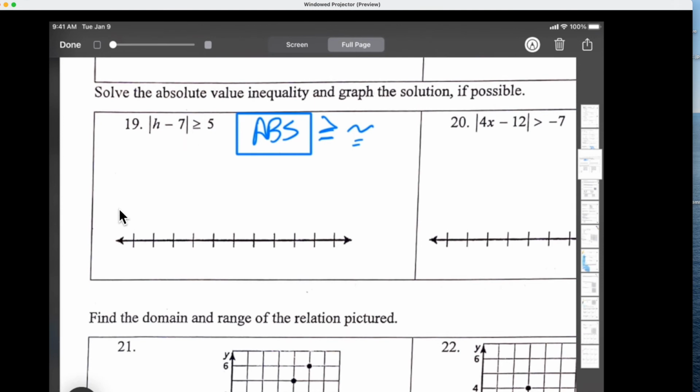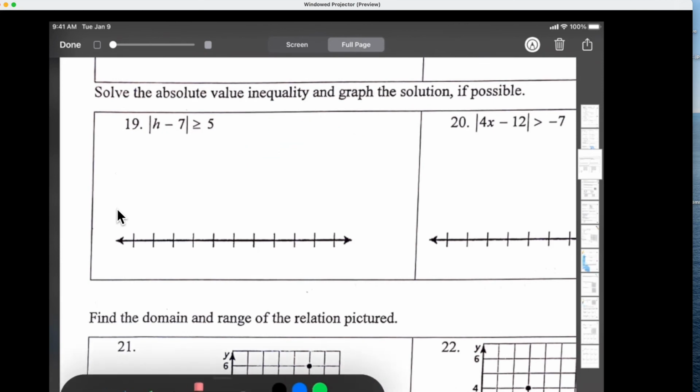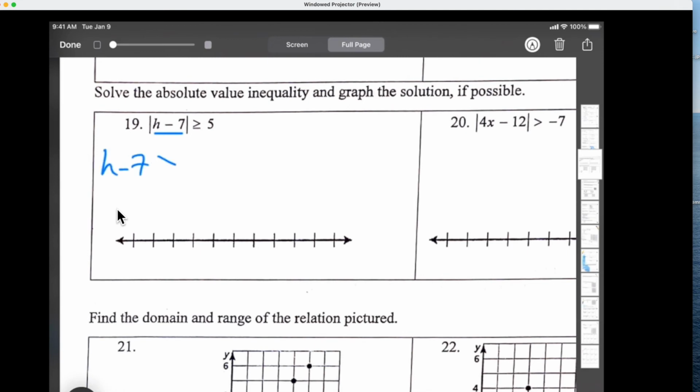Okay, so now we go to part 2. In dealing with absolute values, we take the stuff and we just repeat what we have, and that is one part of the problem.